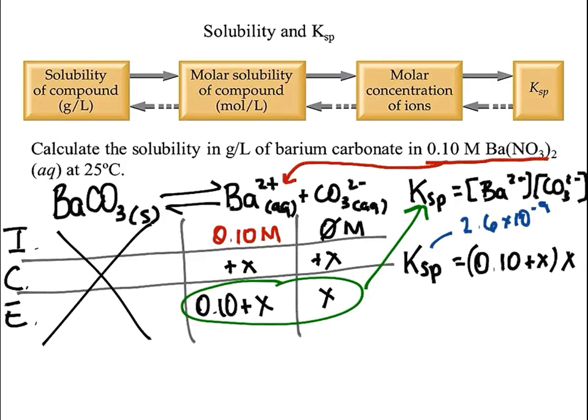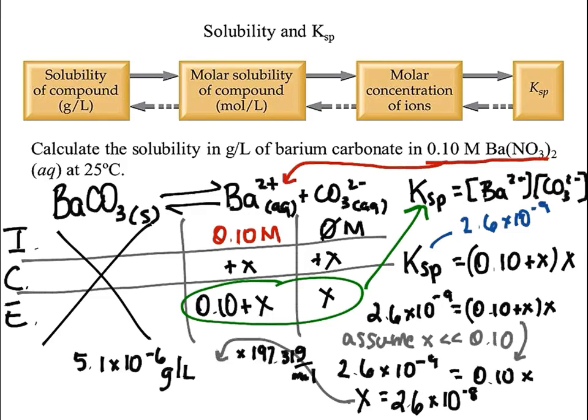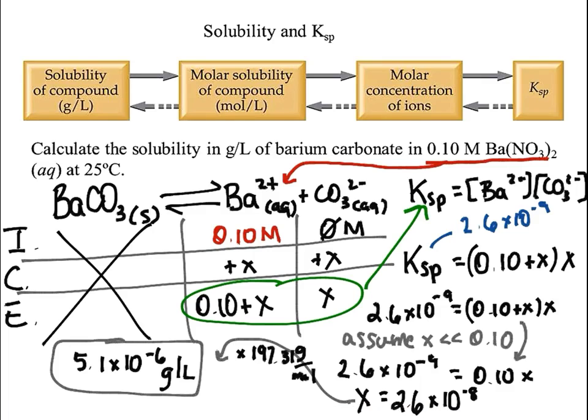You can assume that X is negligibly small compared to 0.10, or you can use the quadratic equation. Either way, you should get the same value, 2.6 times 10 to the minus 8. And then we're going to multiply by the molecular weight to get the concentration in grams per liter. This is certainly lower than it was before. And so the presence of barium ion does decrease the solubility.